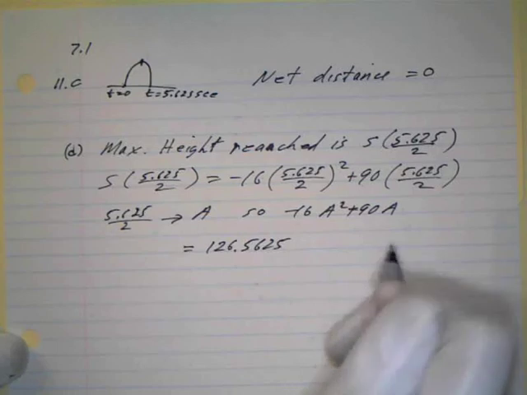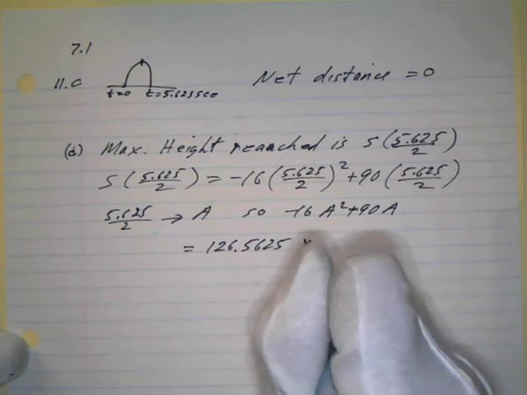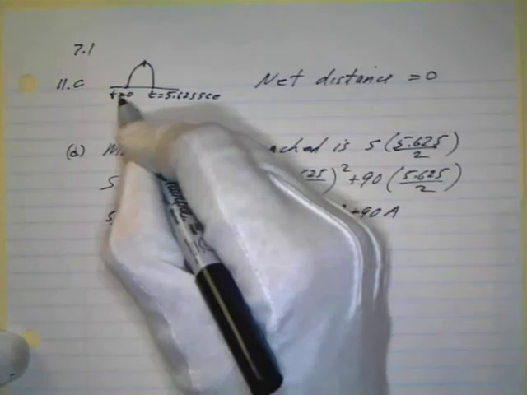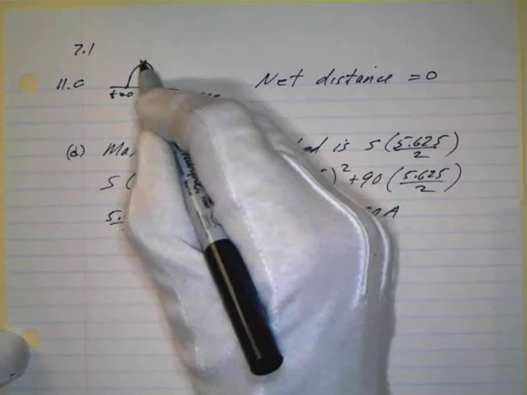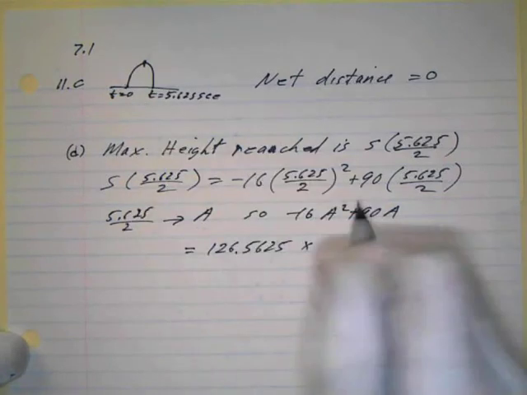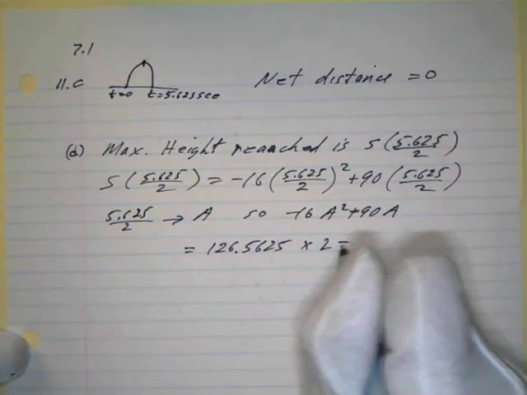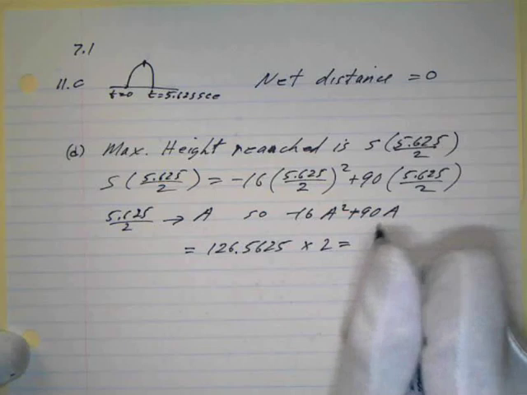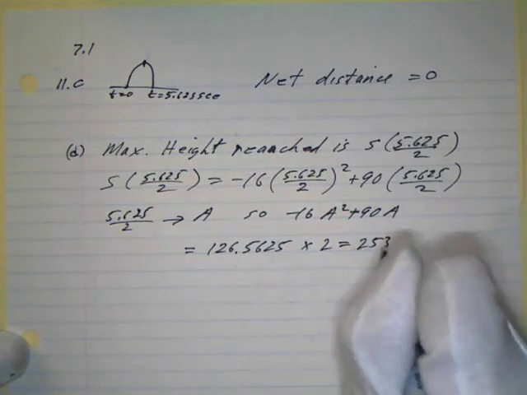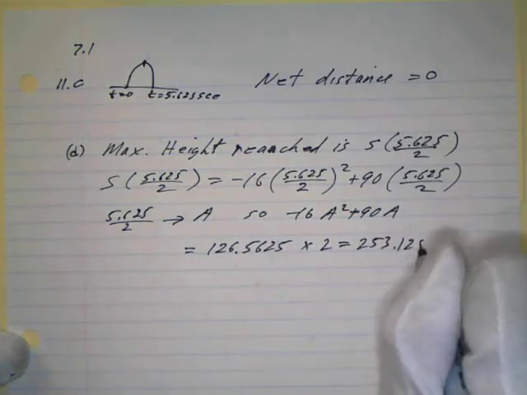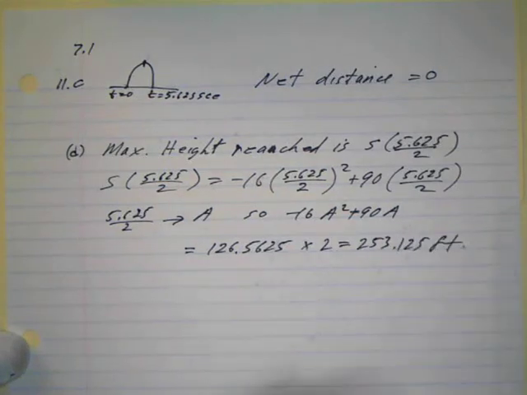That came out exact, so I didn't have to round it off. And I just multiply that times 2, because that's half of my distance, and I'm going to come back down. So this is how you find the total distance traveled: 253.125 feet.